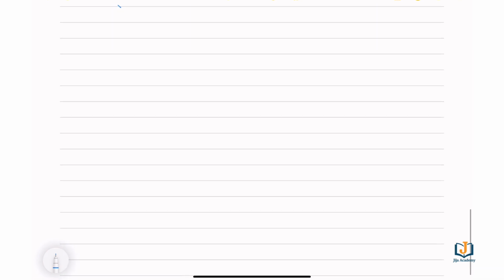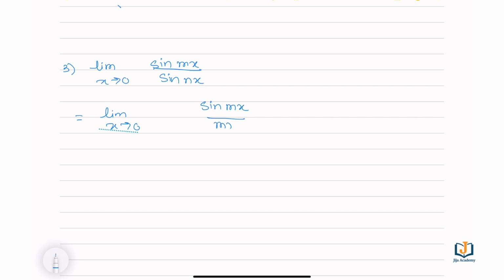Next problem is limit x tends to 0 sin mx upon sin nx. So here we can write limit x tends to 0 sin mx upon mx, divided by sin nx divided by nx, into nx.